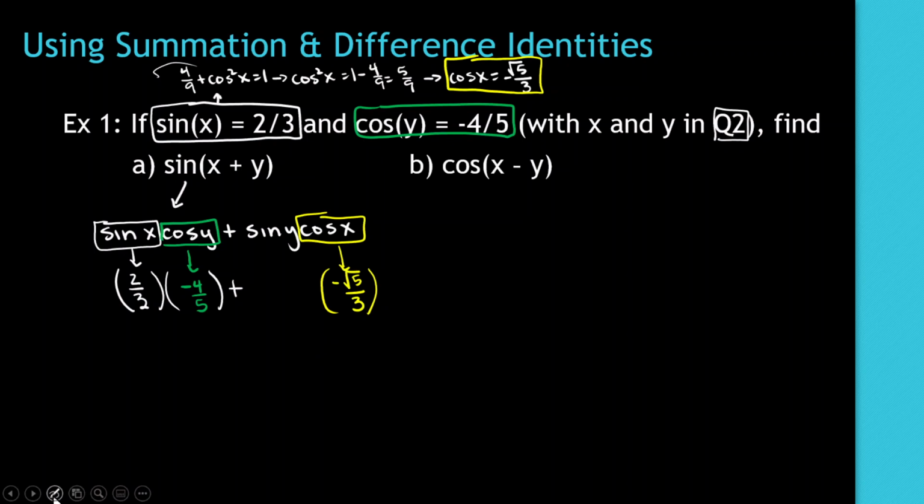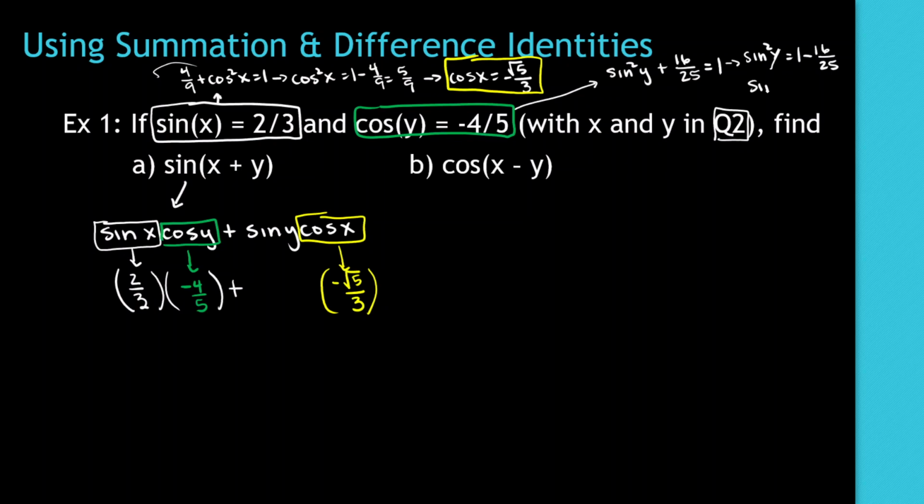Okay, and now we got to do this process one more time using the cosine of y. I know that sine squared of y plus 16/25, that 4/5 squared, will equal 1. So sine squared of y is going to be 1 minus 16/25. So 25 minus 16 is 9.